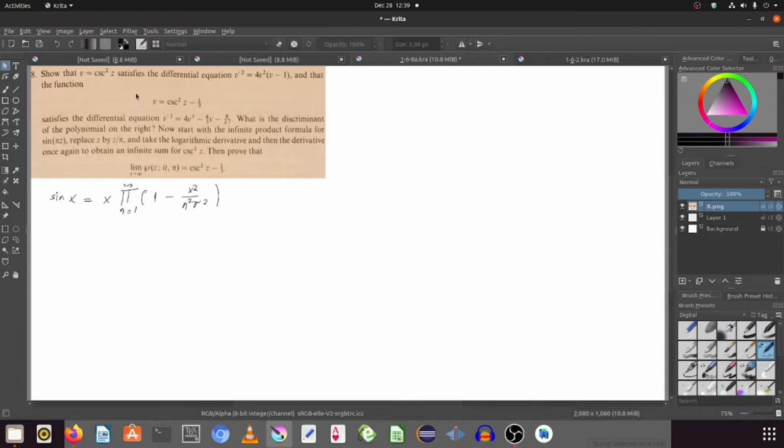Well, let's see. The square of the cosine satisfies this differential equation. So we need to, let's just get going.